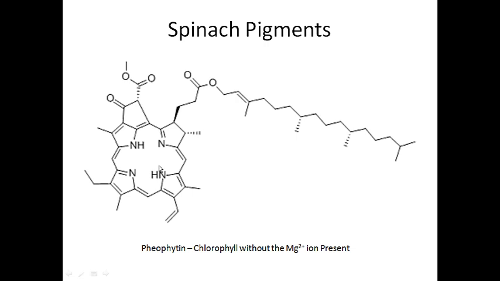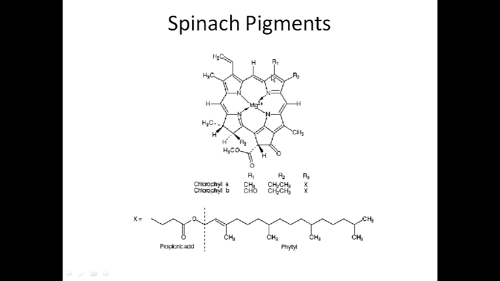This turns out to be important in food chemistry because if you have a green leafy vegetable and you put it inside of a can, then you want that vegetable to maintain as much of the green color as possible, with the magnesium.